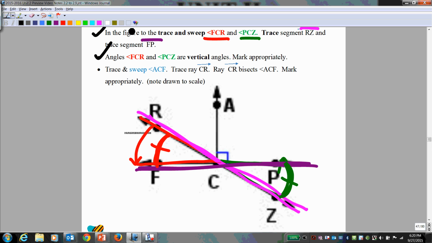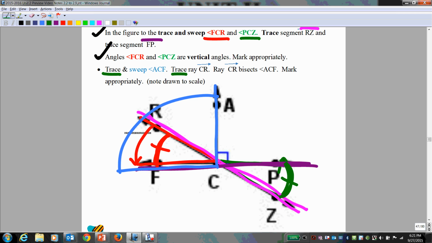Trace and sweep ACF. See that word trace over and over again? That's because you're going to think through your fingertips. And if you're not drawing on the diagram right now, your brain literally will not comprehend what's going on.